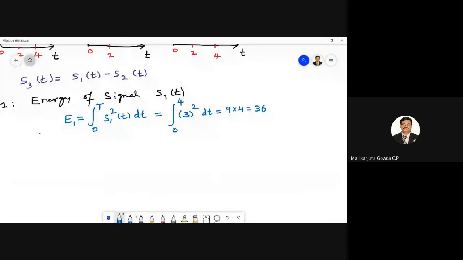Let me write its duration also. I put a flower bracket: it exists over the interval 0 to 4, it is 36 joules, and it will be 0 elsewhere. So this is how we found the energy of a signal as a first step.